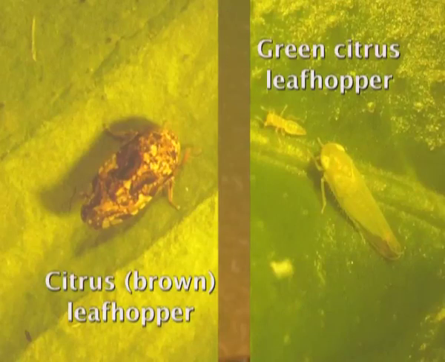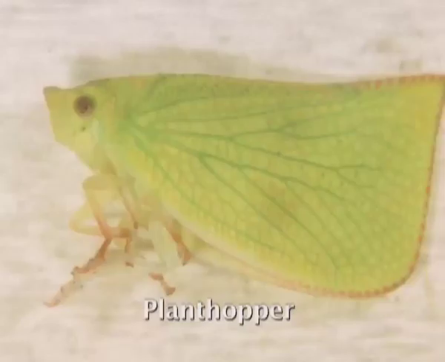For the brown citrus leafhopper, the threshold is 35 to 40 leafhoppers per trap per week. For green leafhoppers, it is in the region of 8 per trap per week. For plant hoppers, there is no threshold. However, if there is a general build-up of the pest associated with sooty mold, a spray will be required.